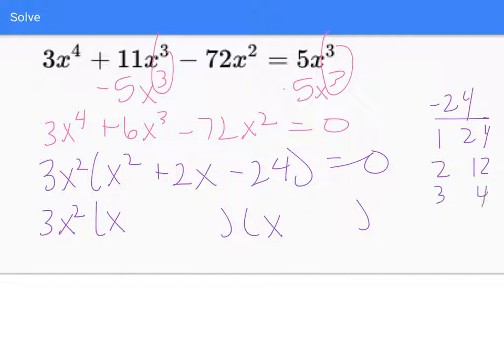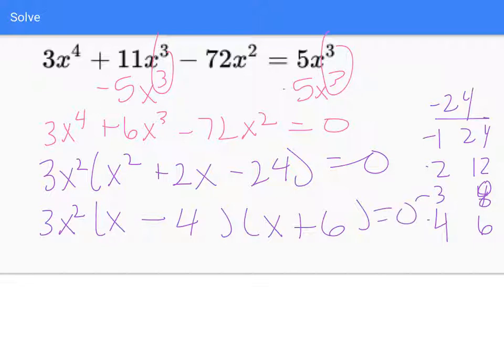Again, you do not have to write these all out like this. Some of you are able to do this in your head, and that would be just fine. Since this is a negative, one of these has to be negative. So my winners make negative 4 and positive 6. They multiply to get negative 24, add together to get 2.